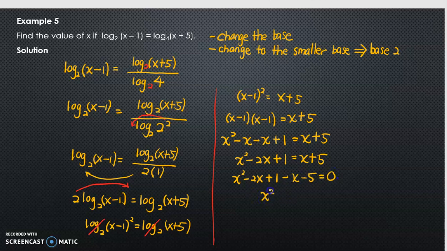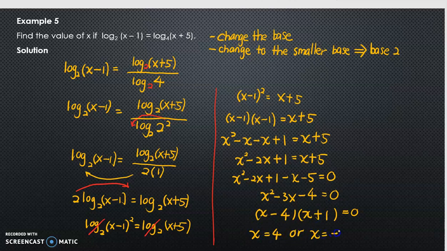So x squared minus 3x minus 4 is equals to 0. Next, I try to factorize. So here is x minus 4, x plus 1, equals to 0. Let's say this is negative 4, this is 1. So x is equals to 4, or x is equals to negative 1.